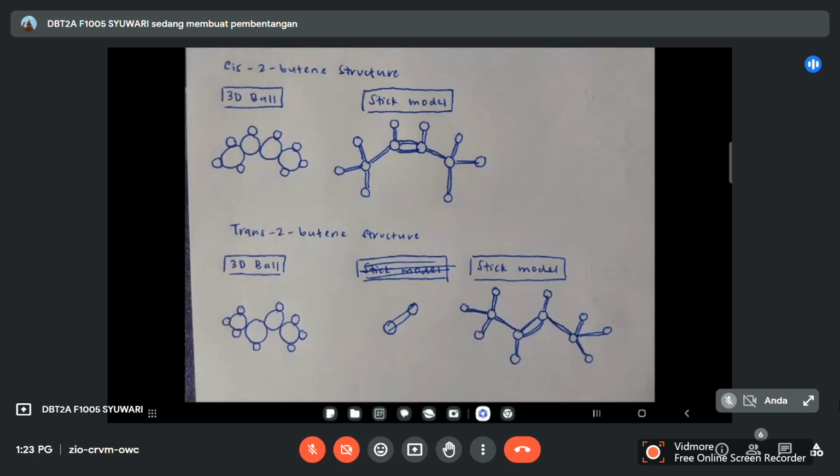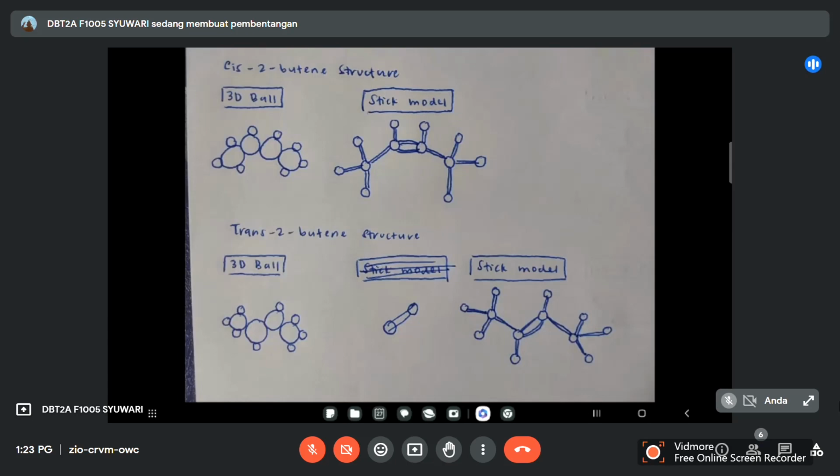We can see here the hydrogen atoms are on the same side. If we see the stick model, we can see it clearly: the hydrogen atoms are at the top, both of them at the top.